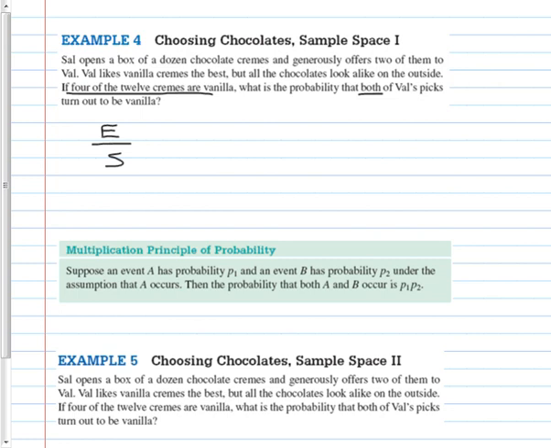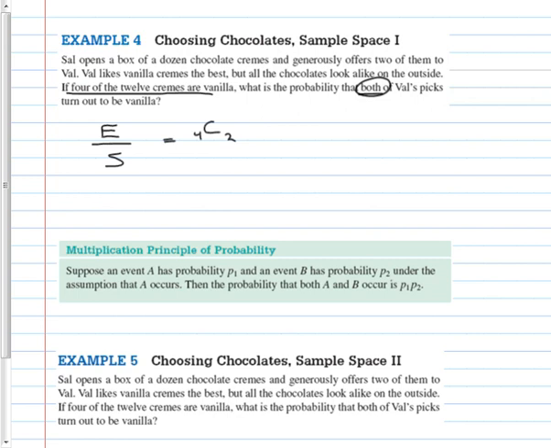Well, the event I want is to get 2 cream vanillas. There are 4 vanillas available, so the number of ways I can get 2 vanillas is a combination from 4, choosing 2. That's the total number of ways I can get 2 vanillas, and I can only get them from the 4 vanillas, not from the other 8 that are something else.